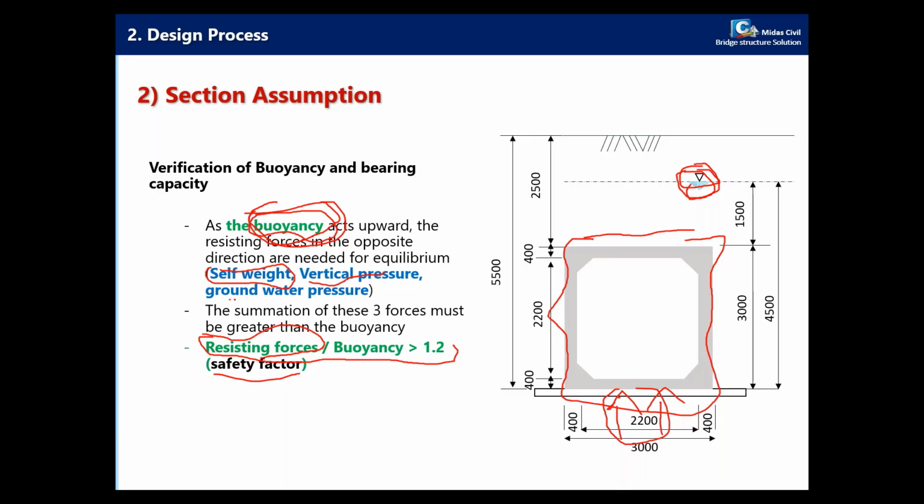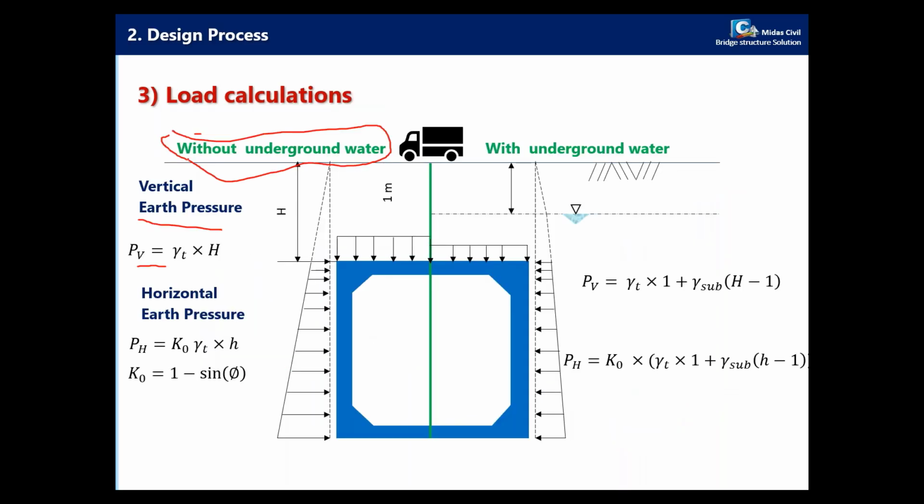So these three loads have to balance well with the buoyancy that will be created due to the underground water. So these are formulas that we are going to use to calculate different loads. So we have the vertical earth pressure and its formula, the horizontal earth pressure. The first case we are going to analyze is when we don't have the underground water.